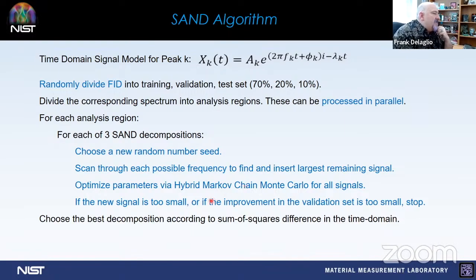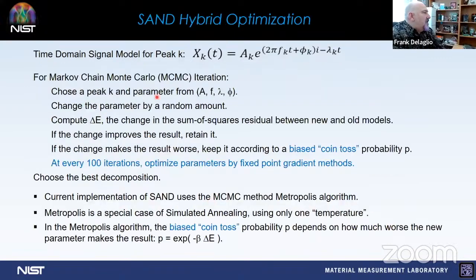And then every once in a while, we pick a particular signal and parameter and optimize its parameters in a systematic way, in this case, with a method called fixed point optimization. And that procedure looks like this.